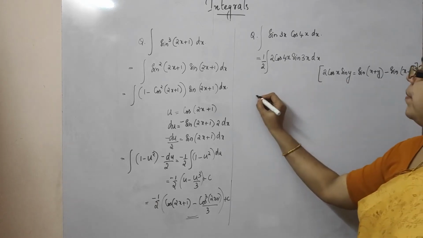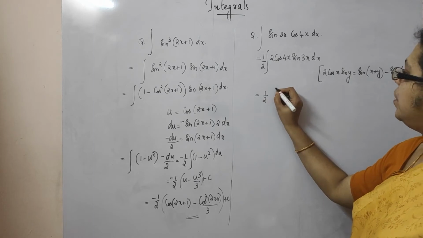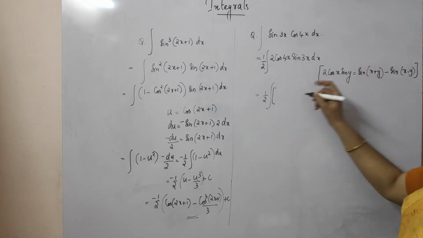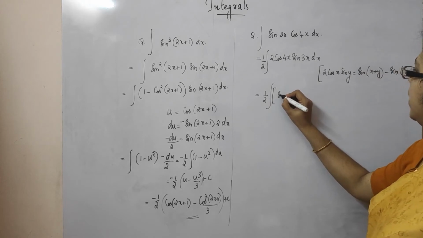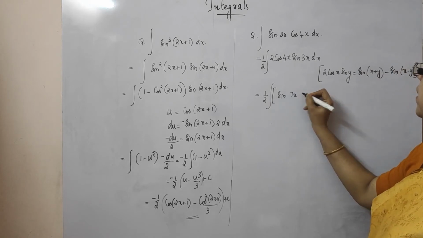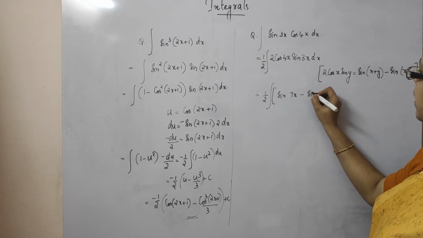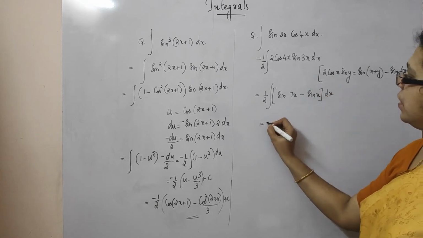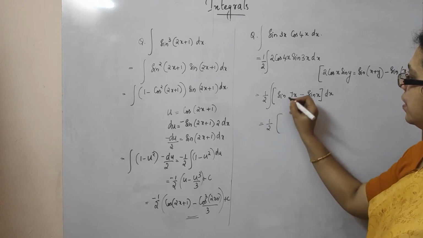So I apply here 1 by 2 into, of course the integral sign is there, sine of x plus y is sine of 7x minus sine of x into dx. Now this is equal to 1 by 2 into, I am just integrating this.